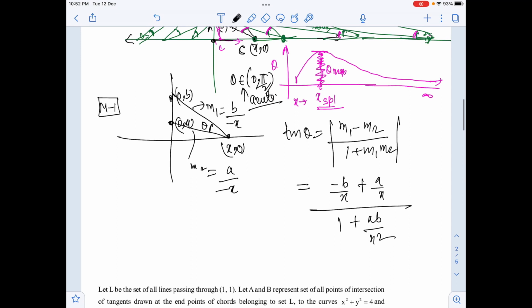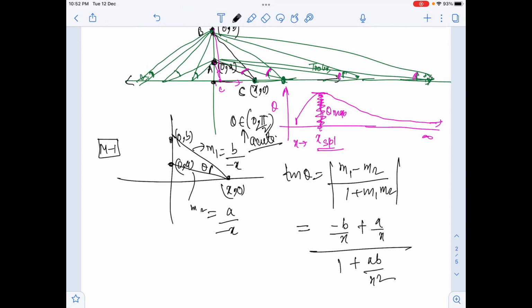Okay, now from here actually we can see if we evaluate this, you'll get a minus b into x square plus ab, divided by, sorry, from here what we are getting, 1 by x you can take common, so that into x square, a minus b, divided by x square plus ab.